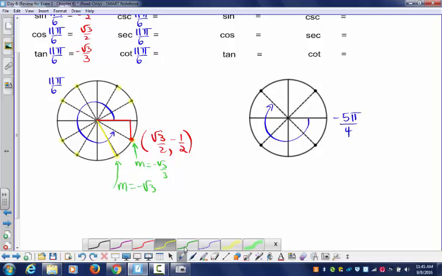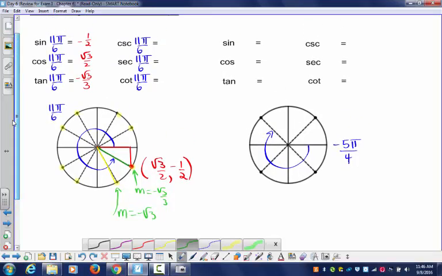And the less steep one is going to have a slope that's 1/3 as steep. It's root 3 divided by 3, plus or minus. Okay? So negative root 3 over 3, the less steep terminal ray.